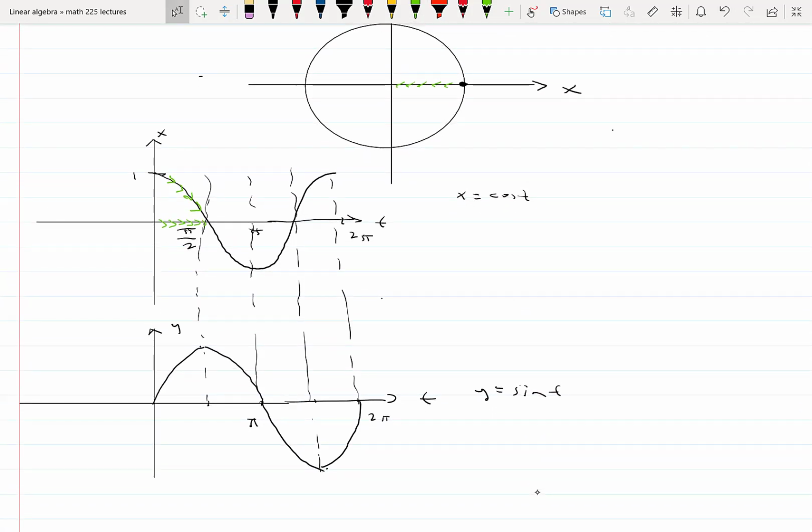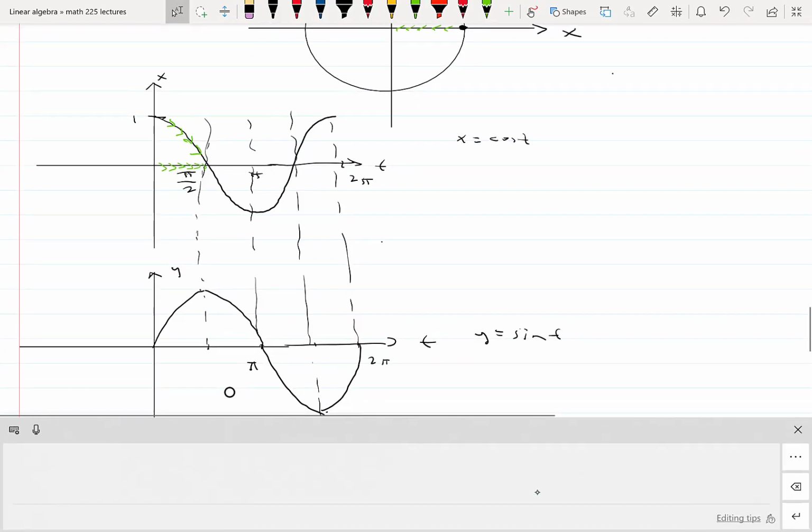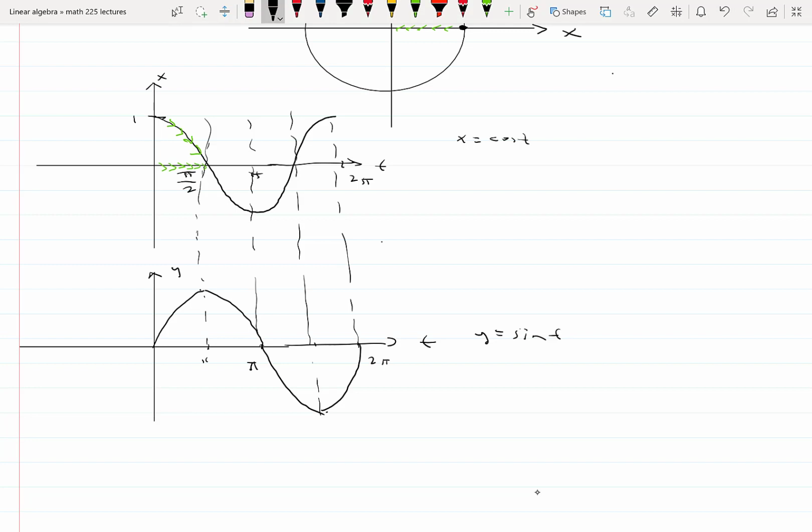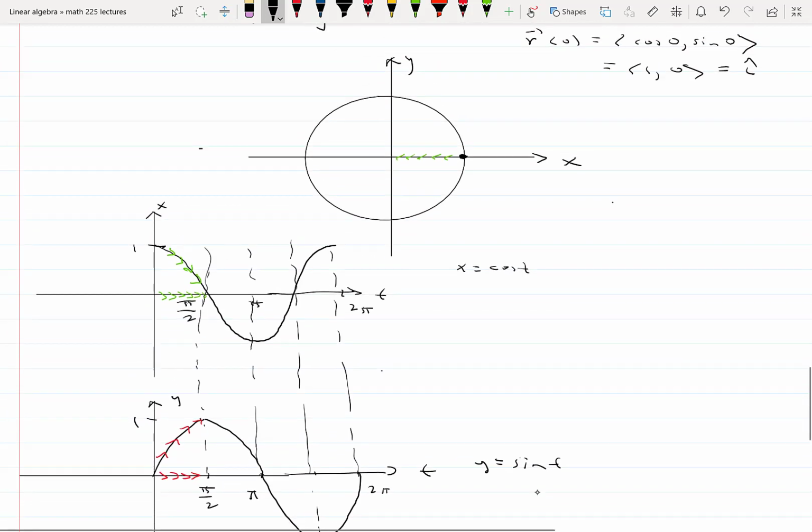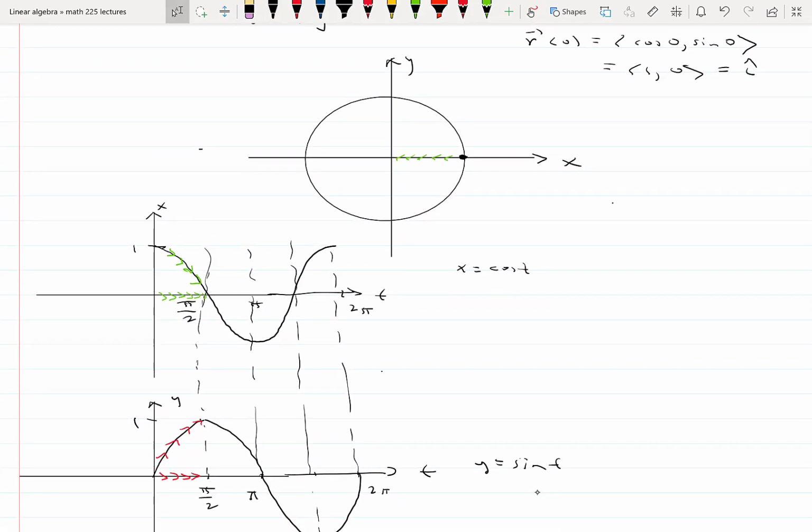Simultaneously, as t goes from 0 to pi over 2, now look at the y graph, the y coordinate goes from 0 to 1. So as t goes from 0 to pi over 2, the y coordinate increases from 0 to 1. Now translate that idea to the xy plane above.